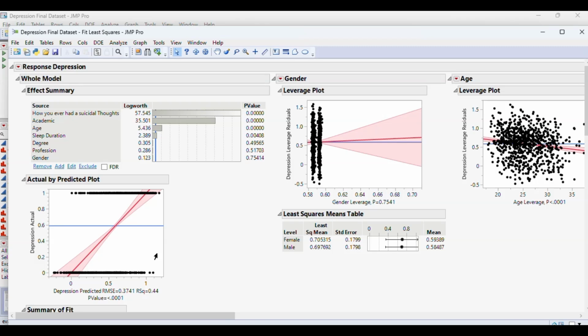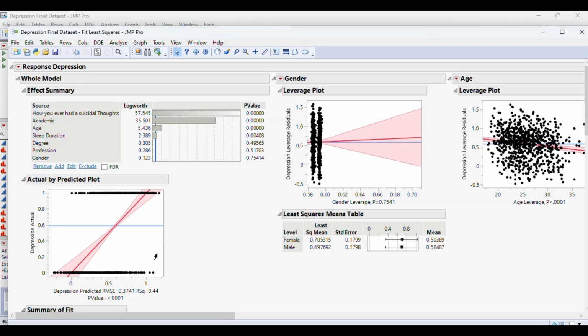Profession also: it is not that one profession gives less depression and another gives more. All professions, at some time and place, will give a certain depression level.